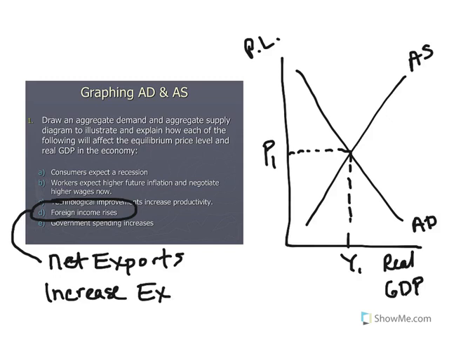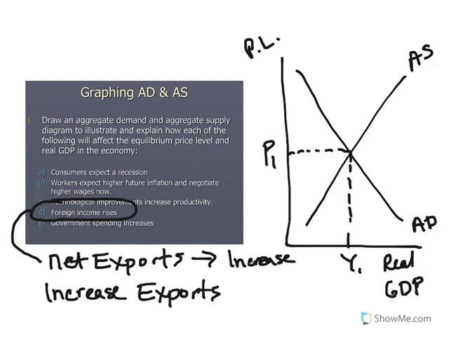In other words, if the income of our trading partners is going up, then that means that they're going to buy more of our goods and services. So if exports is going up, that also means net exports will increase. Because remember, net exports is simply exports minus imports. So if the amount of exports that we have is going up, then the value of net exports is going to rise.